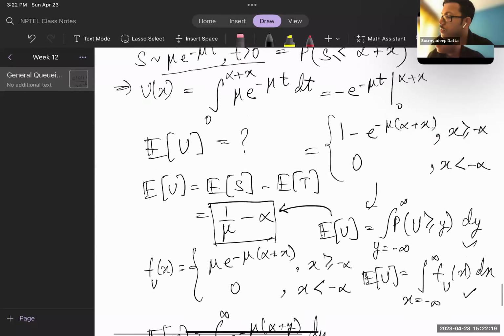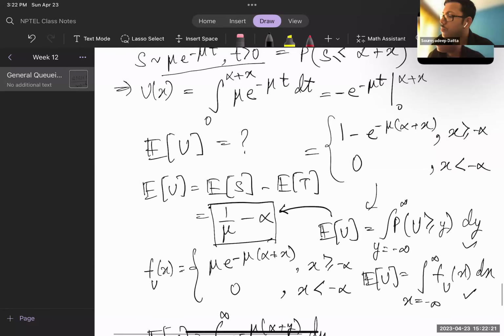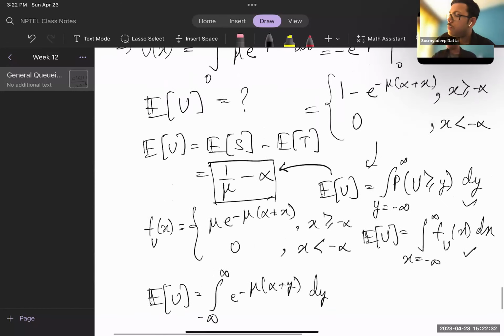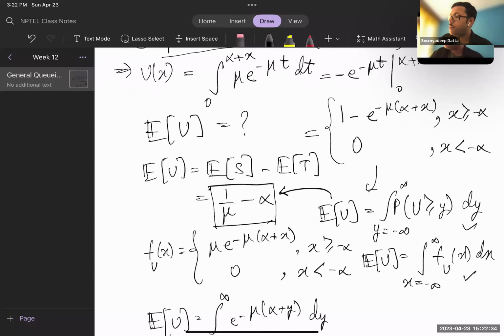But there was a condition that u has to be greater or equal to y, which means y has to be greater or equal to minus alpha.